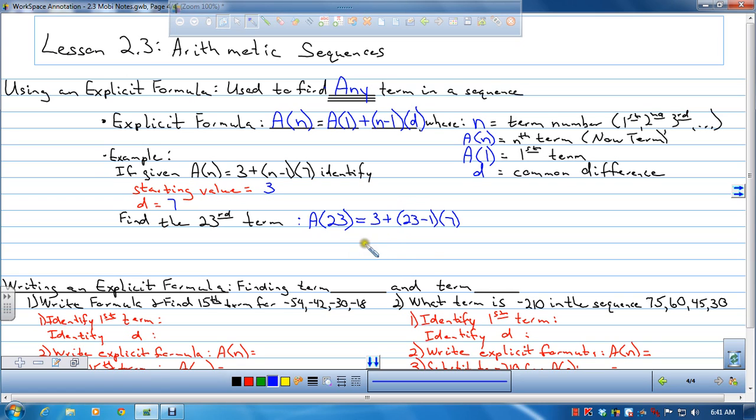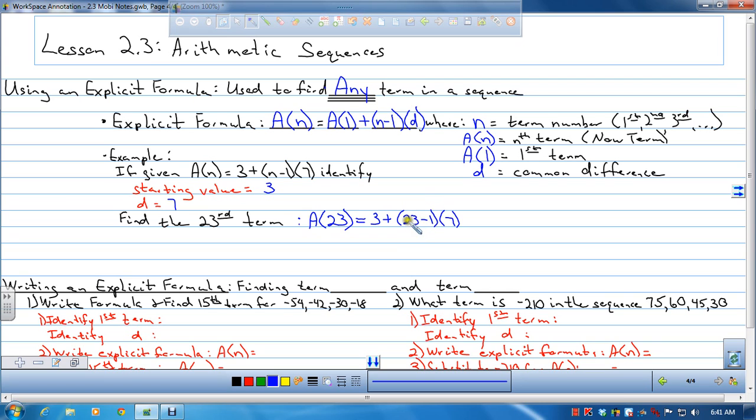And when you think about it, you might initially say, well, I'd add it 23 times. But I'm already at my first position, and I have to get to my 23rd position. So I would actually only add 22 sevens, and that's where this formula comes from. The n minus 1 is how many times you would add that common difference.